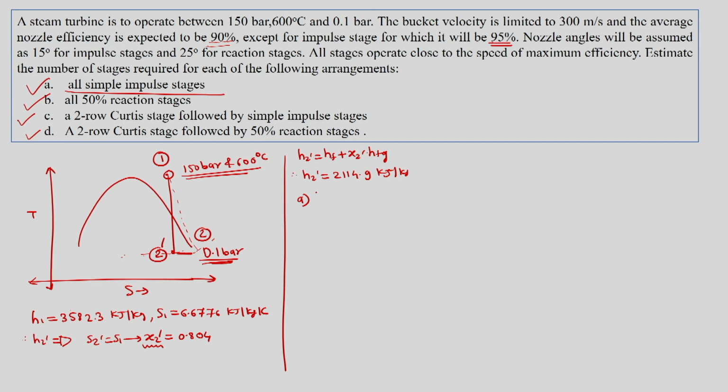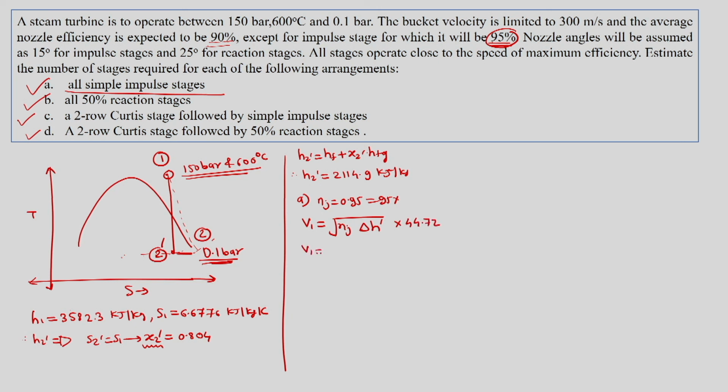Now for impulse stages, the nozzle efficiency is given as 0.95, which is 95%. We can find out V1 from here, which is square root of nozzle efficiency into delta H isentropic, or delta H dash, into 44.72.